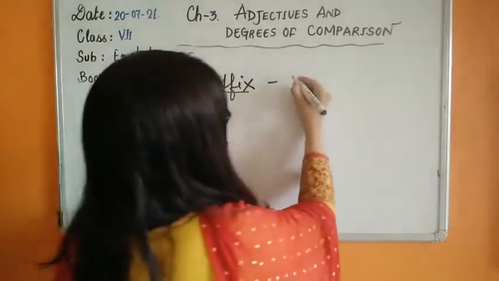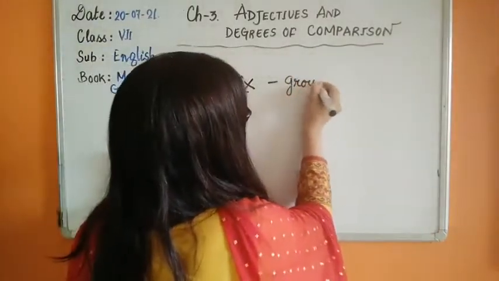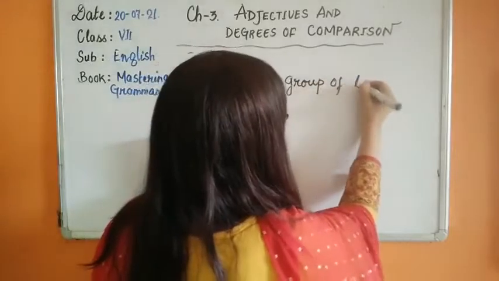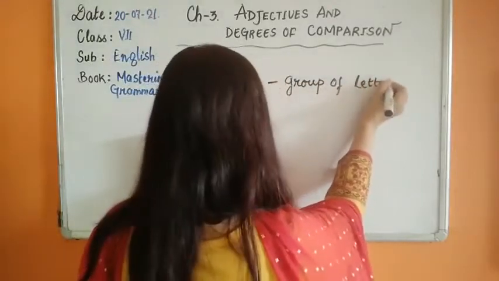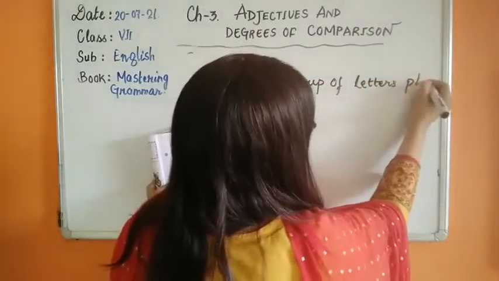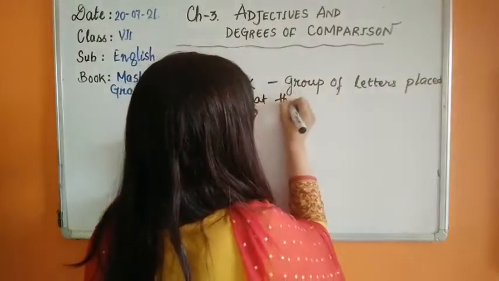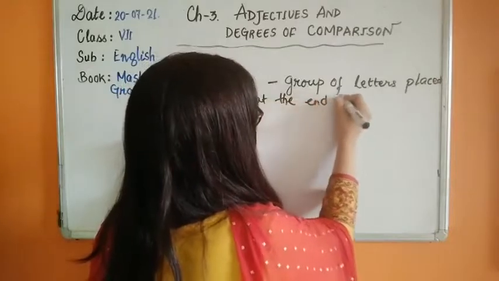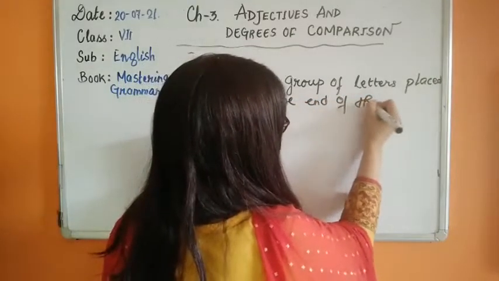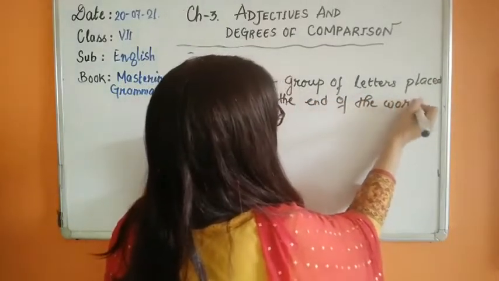So children, let me write the definition first. A suffix is a group of letters placed at the end of a word. Yes children, I told you this.